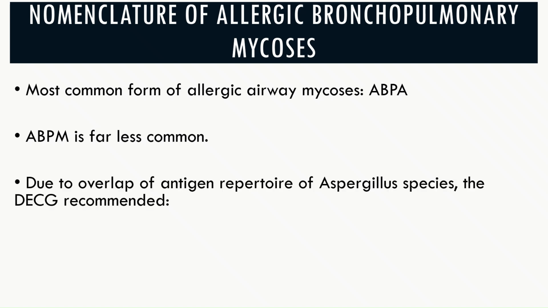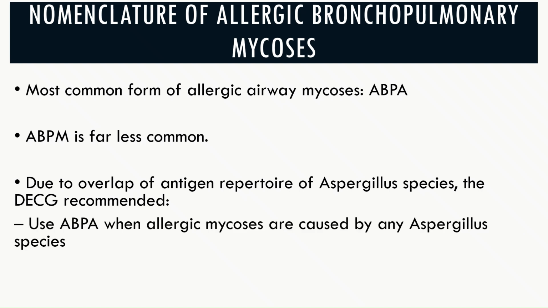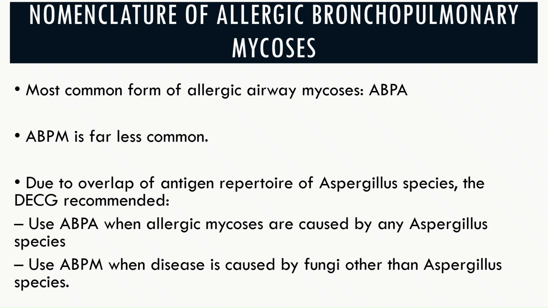Because there is considerable overlap in the antigen repertoire of different Aspergillus species, the guideline group recommended using the term ABPA when allergic mycosis is caused by any Aspergillus species, and the term ABPM should be used when the disease is attributable to fungi other than Aspergillus species.